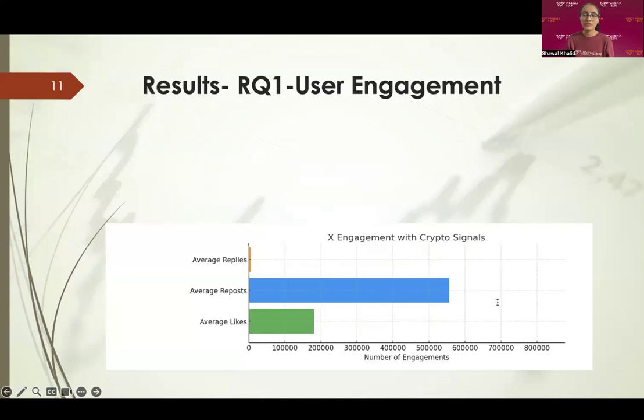All right, so moving on to the results for RQ1, you can see a visual breakdown of user engagement with crypto signals on X. This chart shows the average likes, reposts, and replies of the signals we analyzed, as well as the exceptional engagement we can see through the average reposts. For instance, since we had Elon Musk posts in our data set, most of the popular posts among the users were Musk posts.